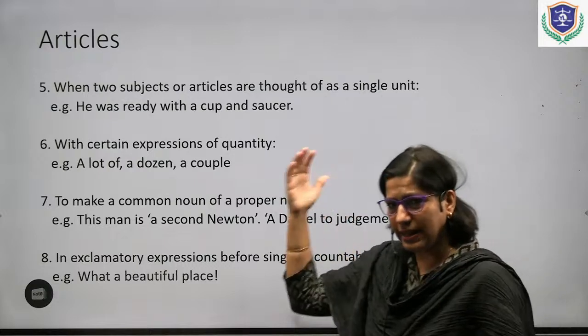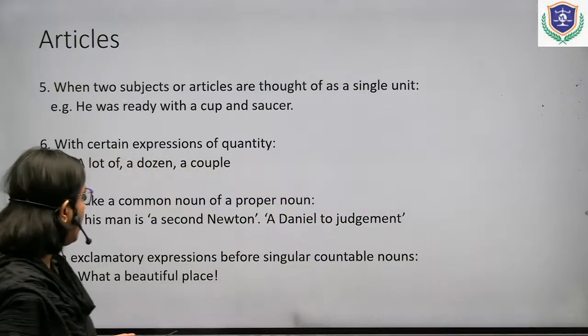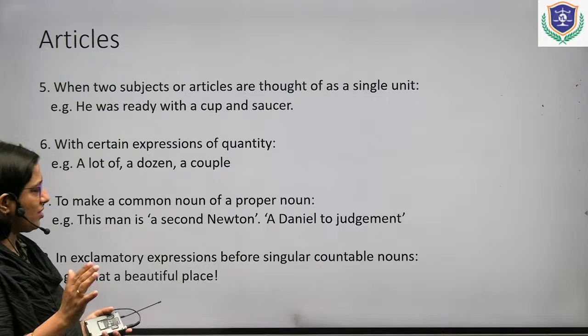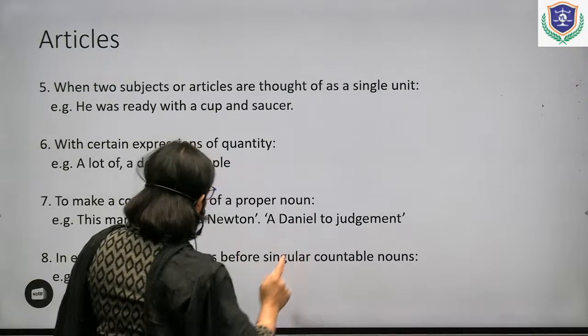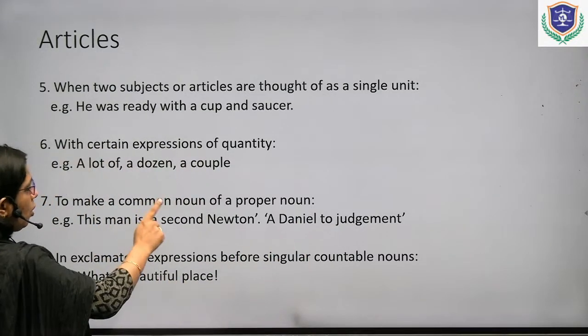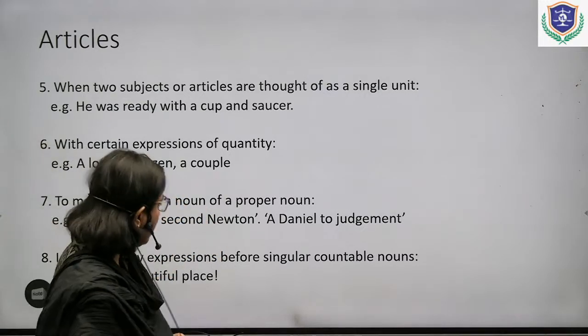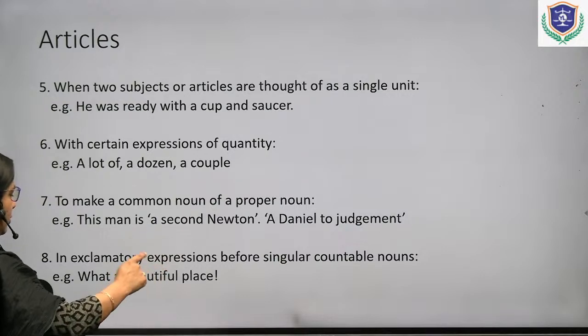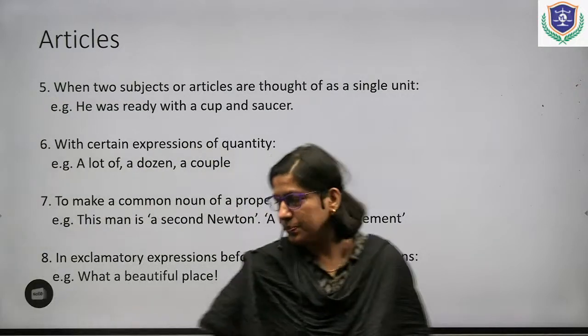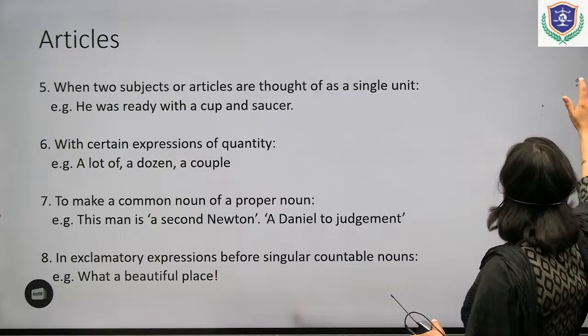Daniel was considered to be someone who was known for his judgment. So a Daniel to judgment. Okay. So to make a common noun of a proper noun, if something like this comes along with your articles, you should be able to know of it. Okay.